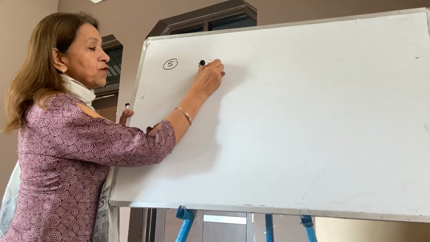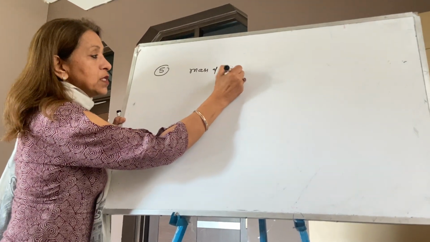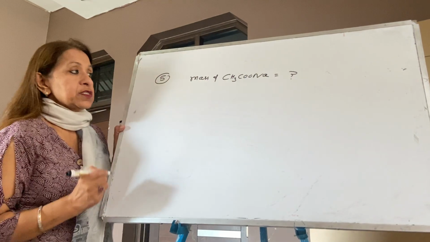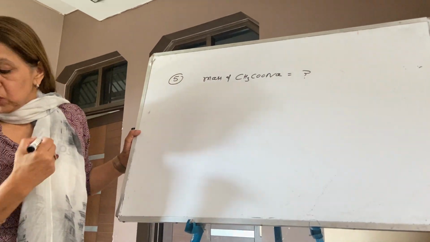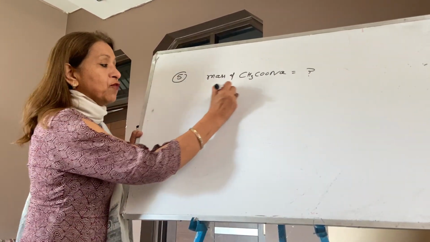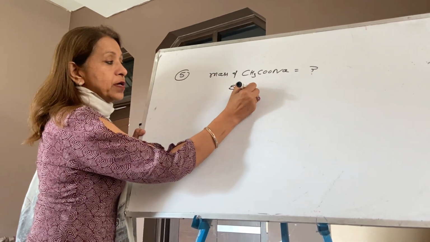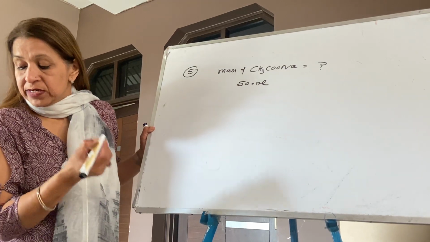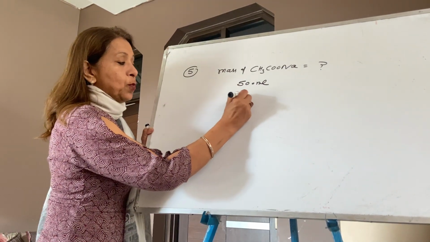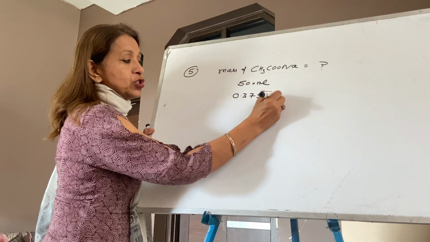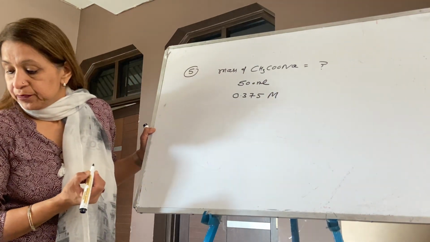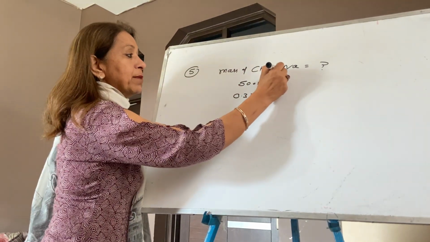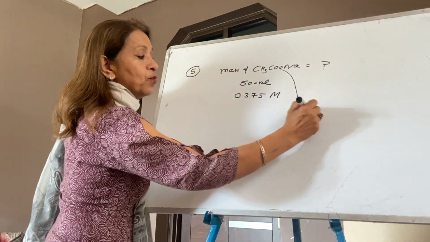Calculate the mass of CH3COONa, sodium acetate, which is required to make 500 ml of 0.375 molar solution. Molar mass of this is 82, capital M is 82.